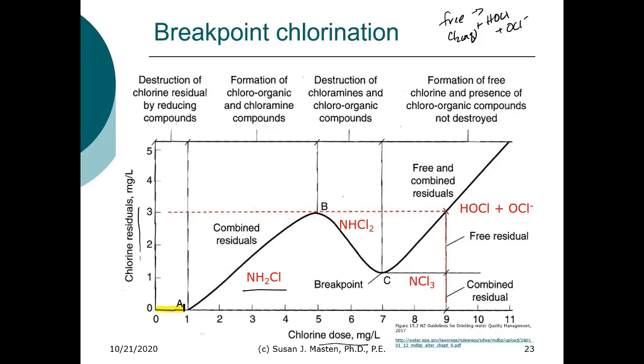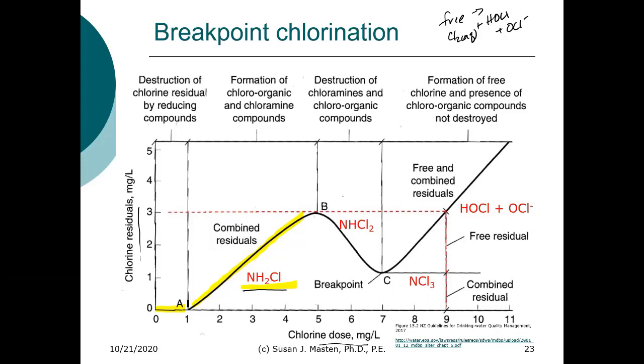So the chlorine that we're dosing is reacting with other species, organic matter, reduced metals. And then we increase the dose, and if we have ammonia present, then we form monochloramine.